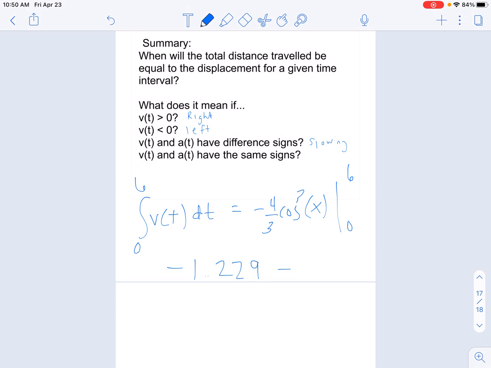If I plug in 0 for cosine, I get 1. And so this is going to be negative 4/3. So I get 0.104 for the displacement.